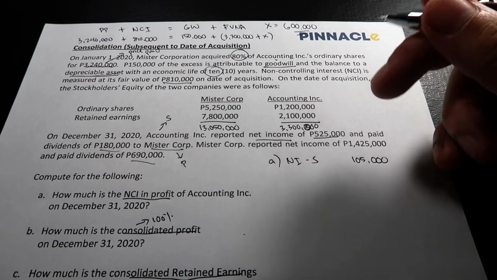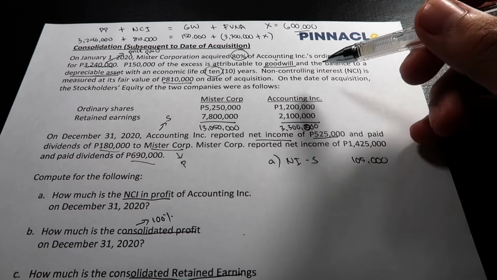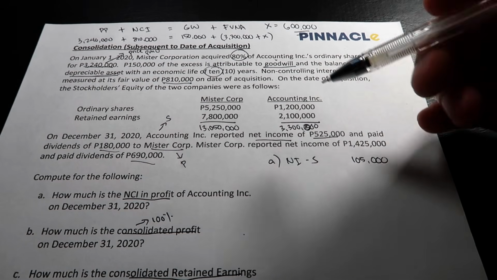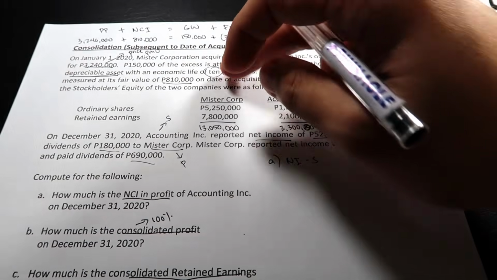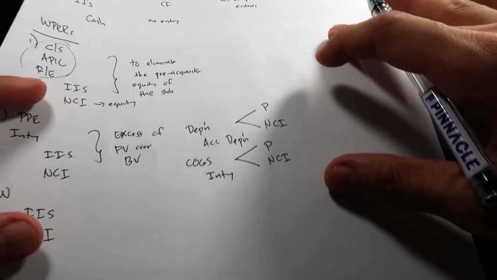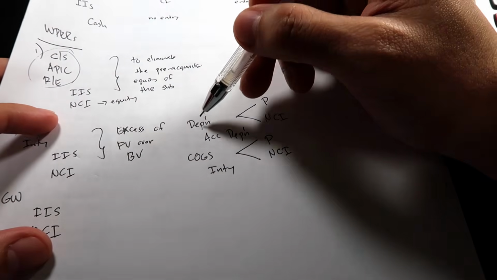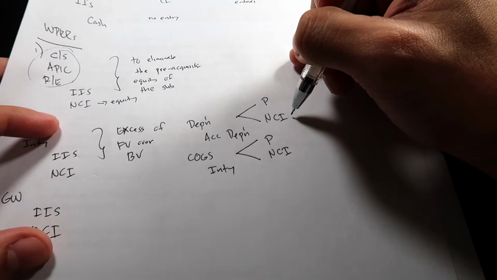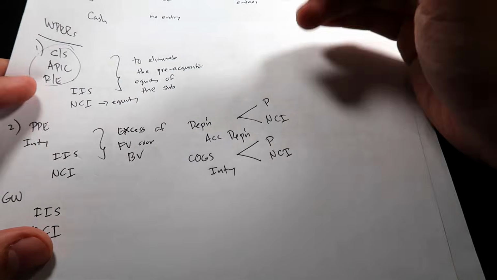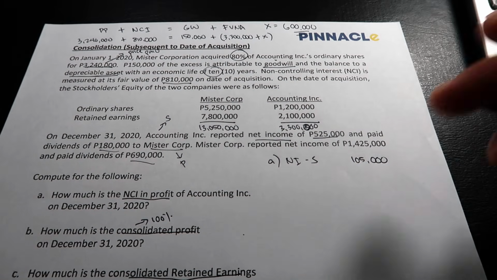Gets? Okay. And what else? Ano pa ba? How about the excess? Kailangan siya. Tama? In our working paper entry, yung excess natin, which is in our problems of depreciation, meron siyang share kay NCI, which is 20%. Okay? How much yung depreciation natin?